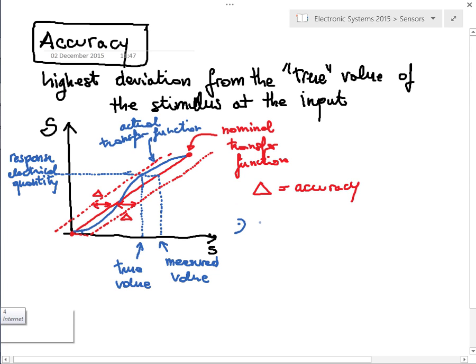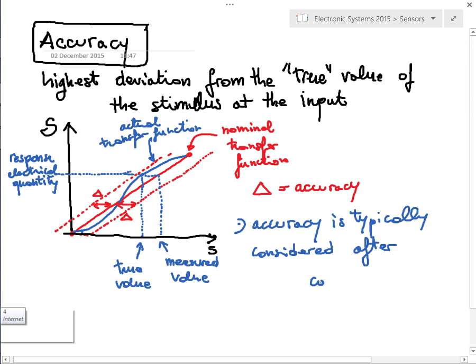The accuracy is given post calibration. It is typically considered after calibration.